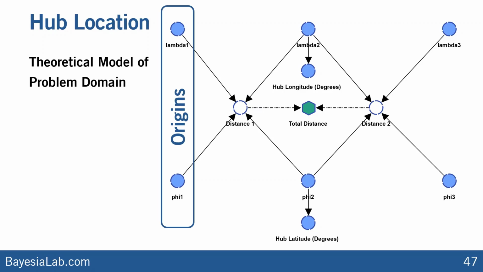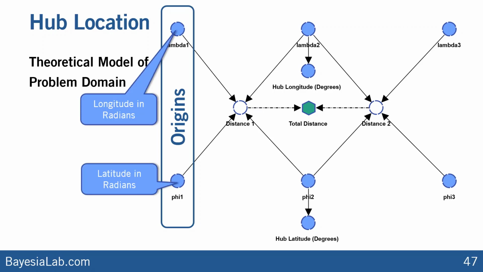And the coordinates, longitude is represented by node lambda 1 and latitude by the variable phi 1.